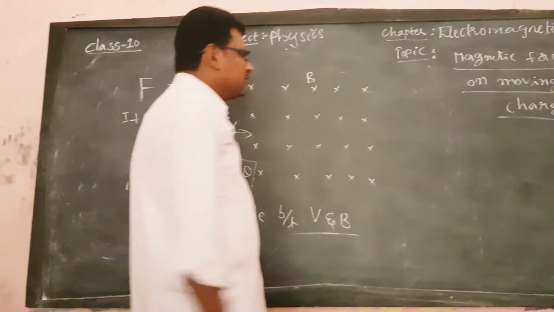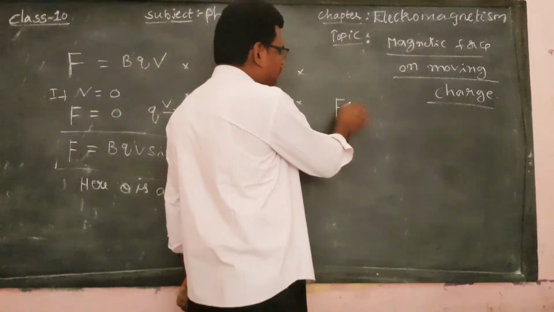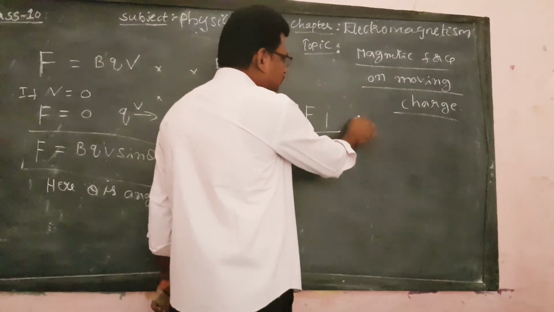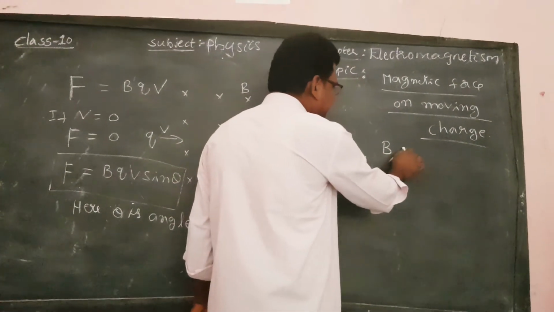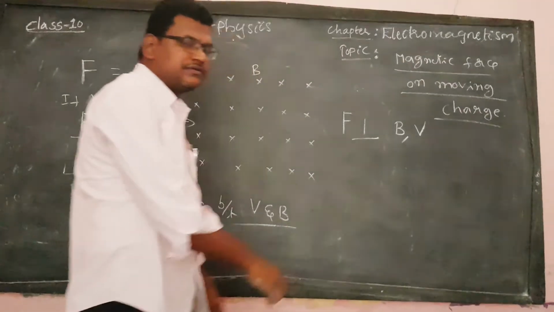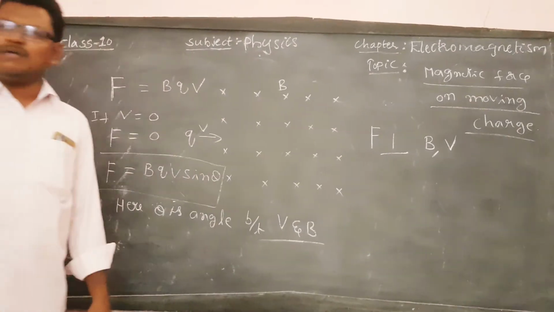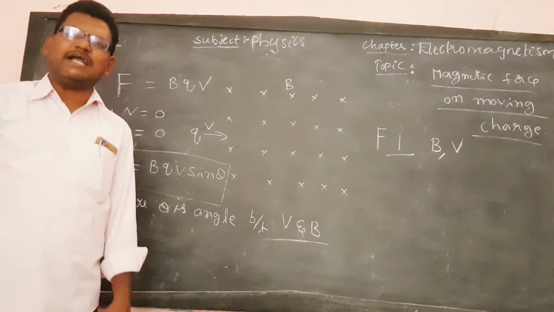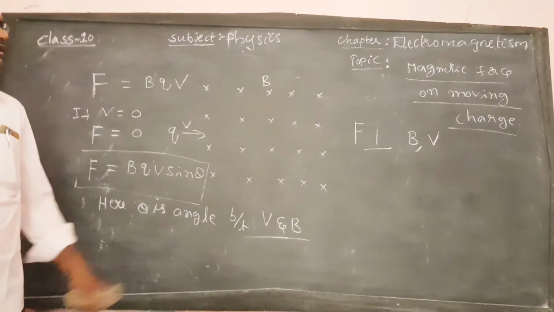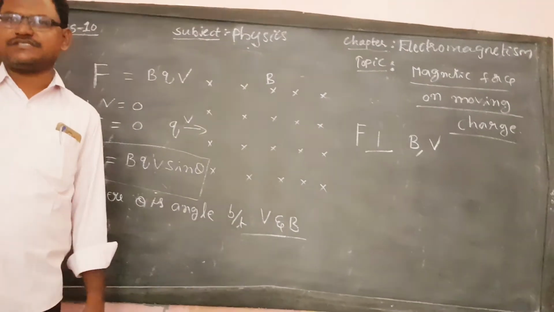If the magnetic force is perpendicular to both the magnetic field and velocity, in what direction does it act?